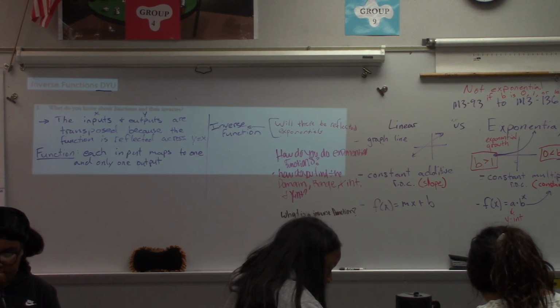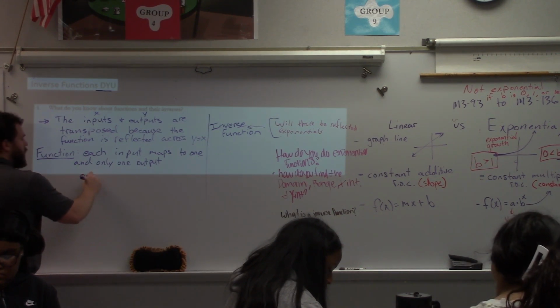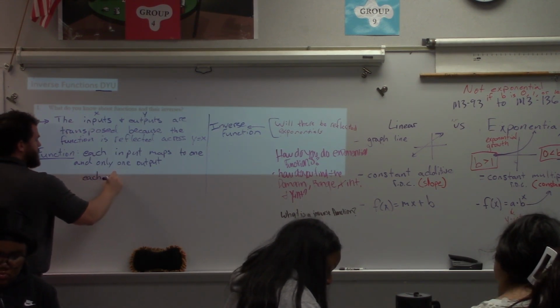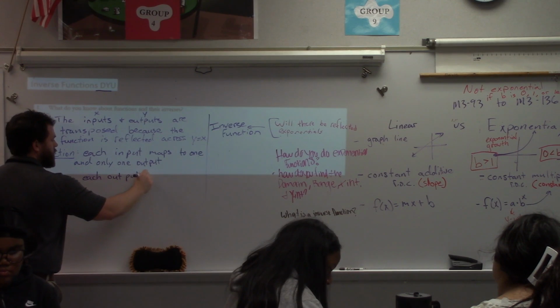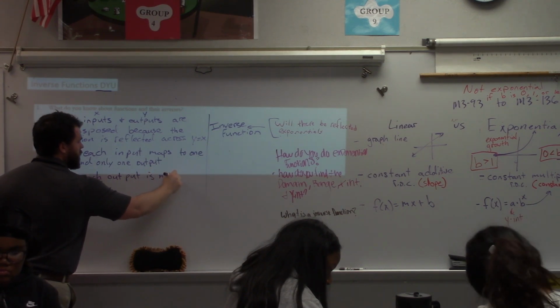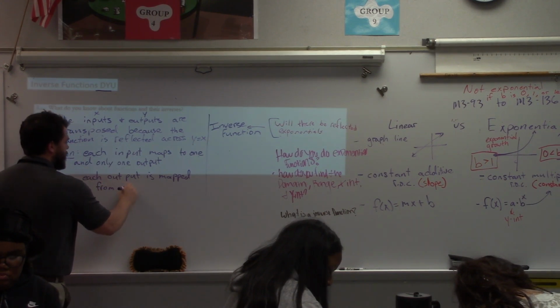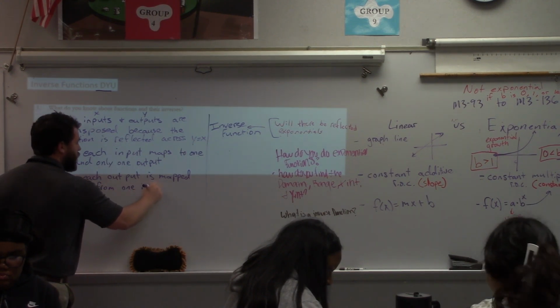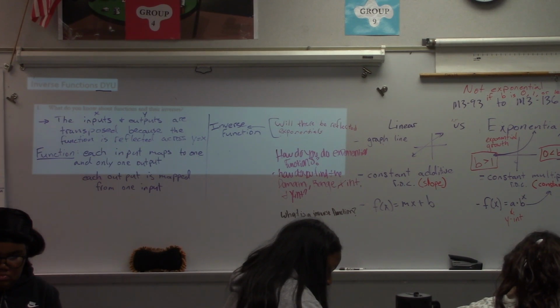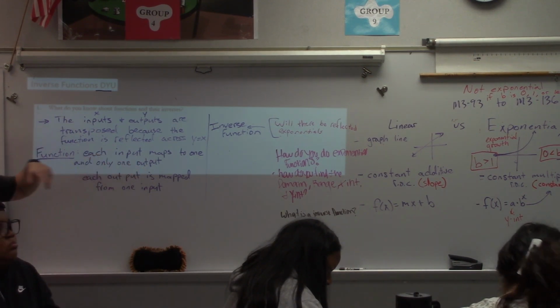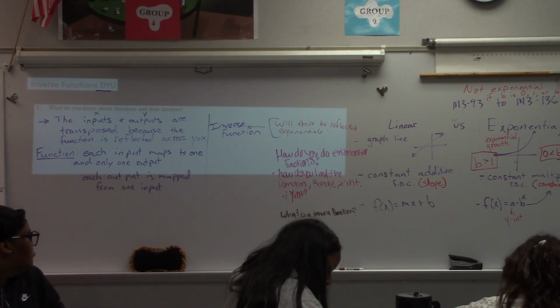Yeah, so that horizontal line test means that each output is from one input. Because when I transpose my inputs and outputs, I need these outputs to only be from one input. Otherwise, the inverse is not going to be a function.